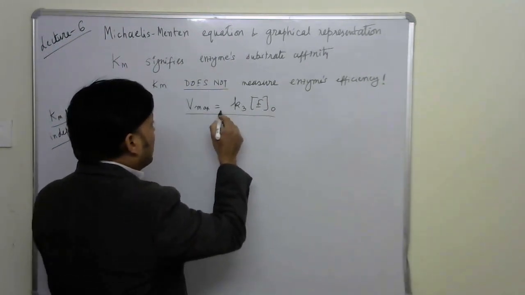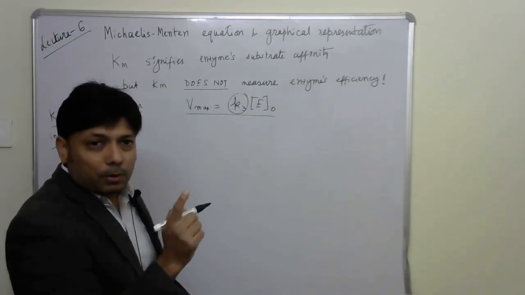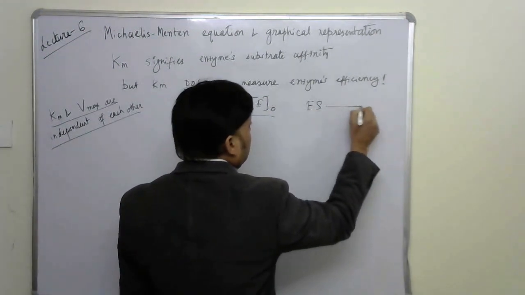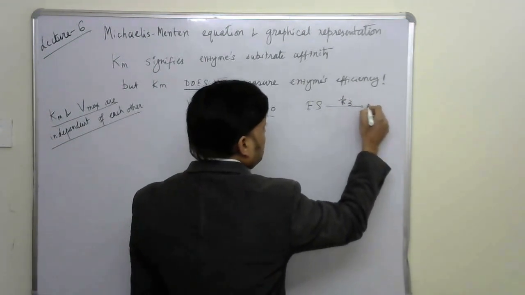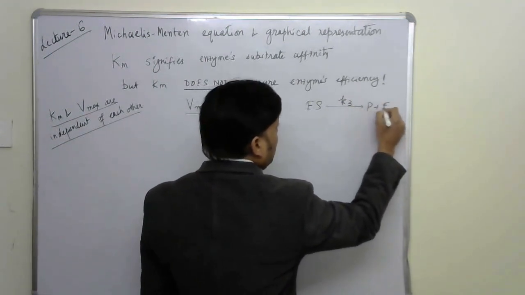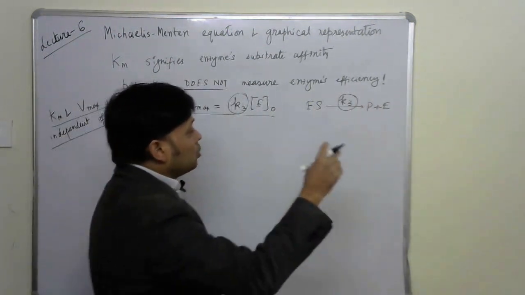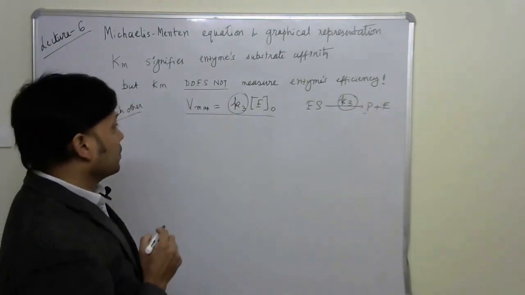then Vmax is a function of K3. You remember that K3 is the final conversion step where the enzyme-substrate complex breaks down into product plus the enzyme back. So K3, the rate constant, governs the product forming rate.